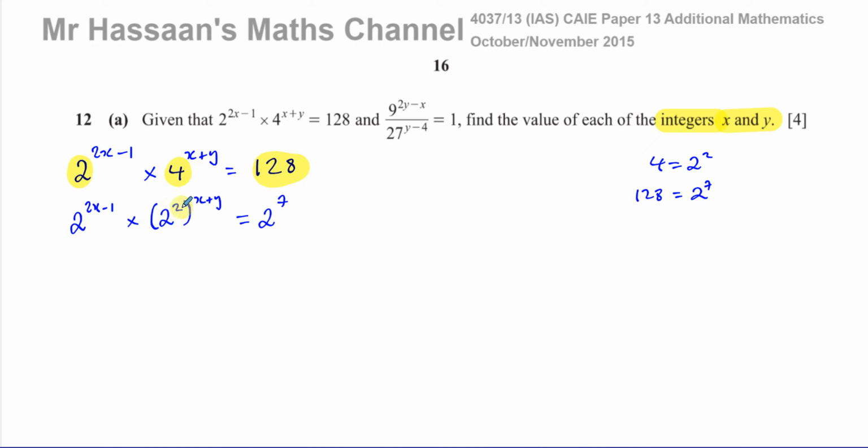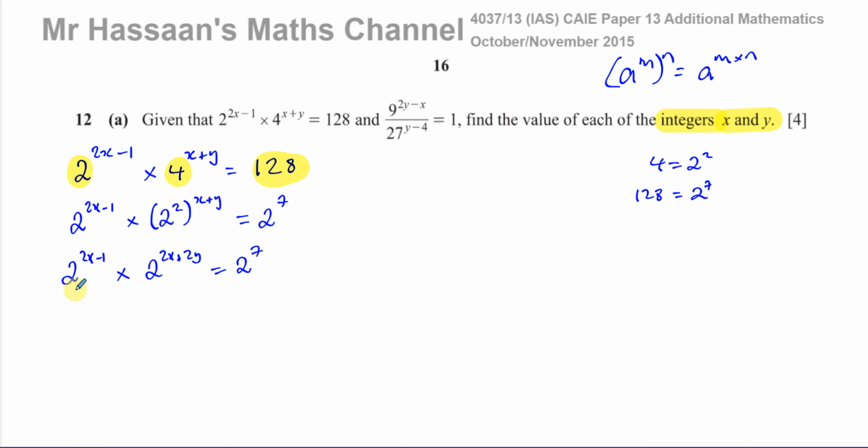Now I can multiply the powers. One of the laws of indices is a to the power of m to the power of n: if I have something raised to a power to another power, I multiply the powers. So this will be the same as 2 to the power of 2x plus 2y, multiplying 2 by x plus y, and that's equal to 2 to the power of 7.